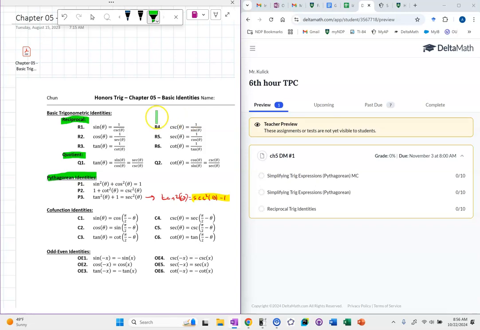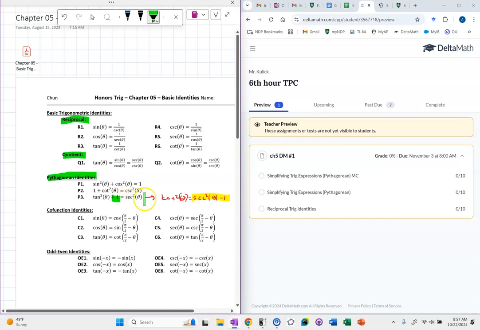The reciprocal identities and the quotient identities you can use as is. The Pythagoreans you can rearrange. For example, I could add or subtract things from both sides. If I look at P3, it says tan squared theta plus 1 is equal to secant squared theta.